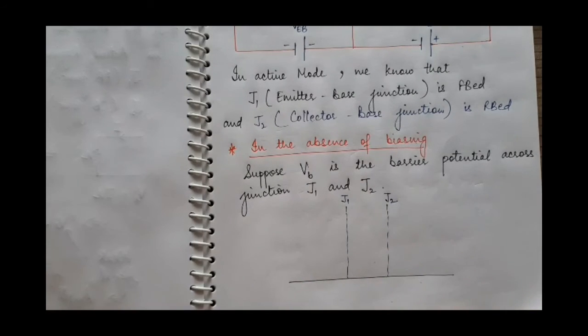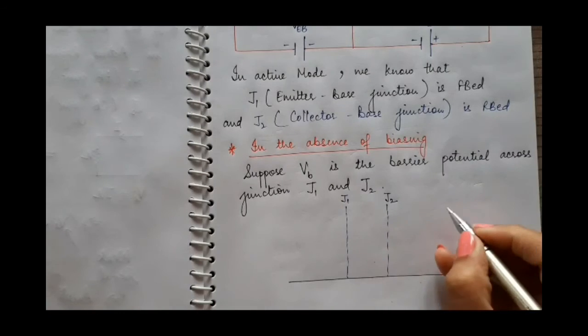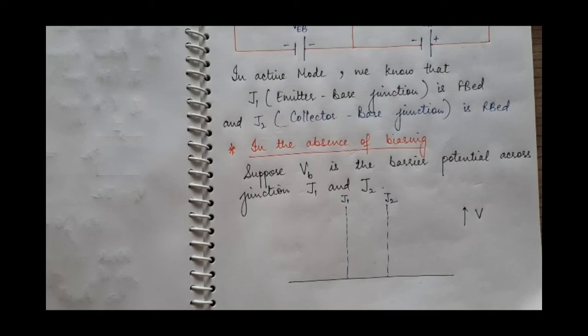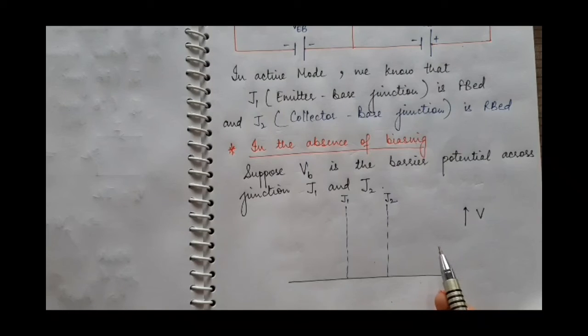This is base. On this side we are measuring potential barrier or potential. This is base, this is emitter, this is collector. And in the absence of biasing, what is the height of potential barrier across the two junctions?